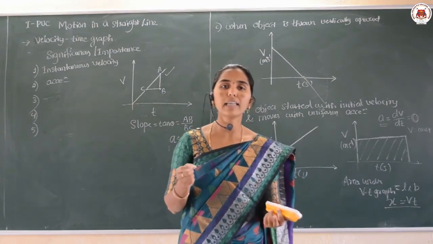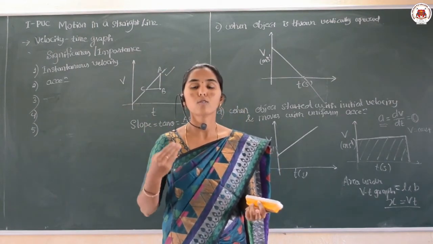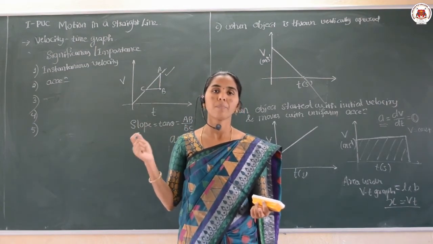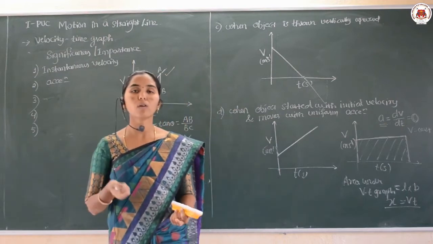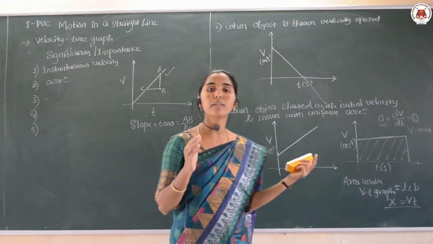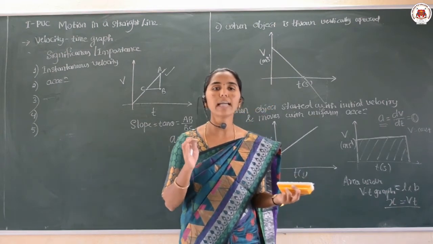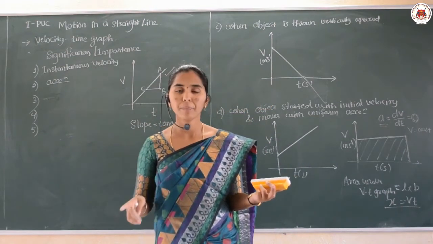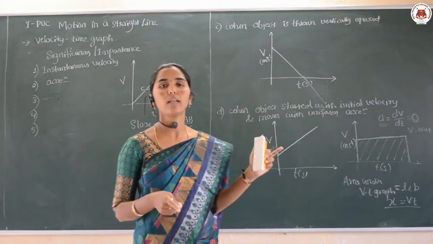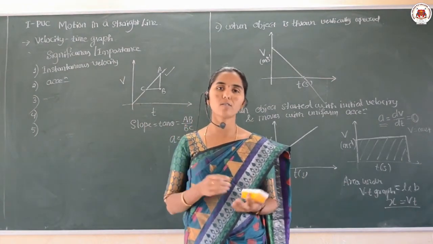Therefore, another important significance of the VT graph is that it is used to derive the kinetic equations of motion when a body accelerates uniformly.